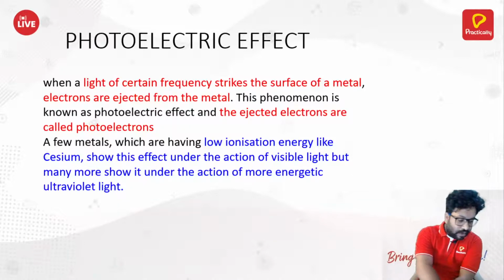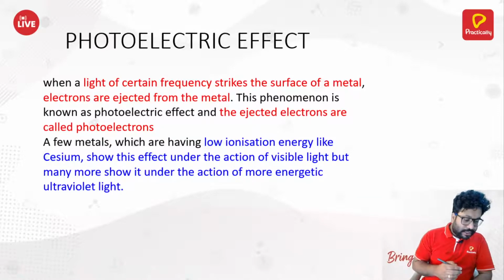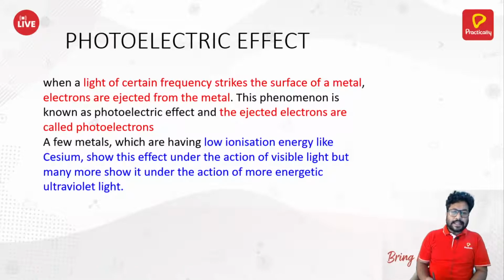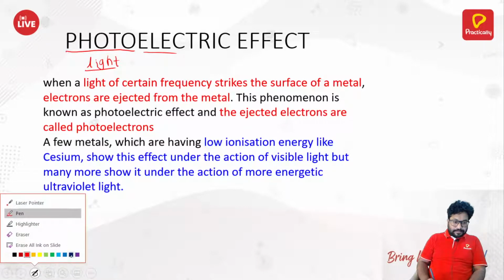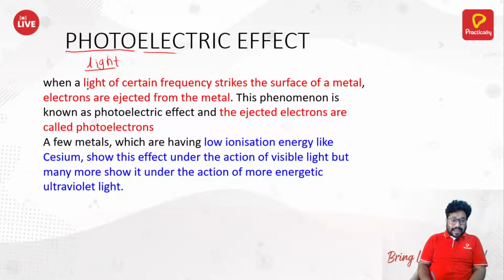So, photoelectric effect. What is photoelectric effect? You can understand from the name itself. When light of certain frequency strikes the surface of a metal, electrons are ejected from the metal.